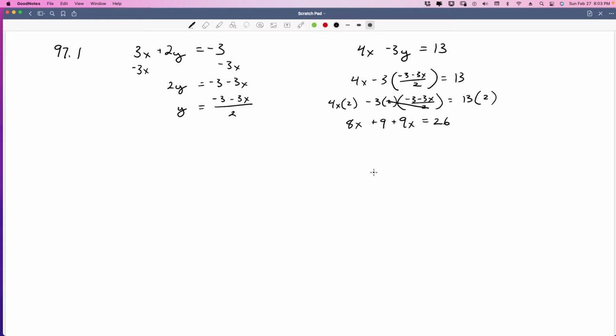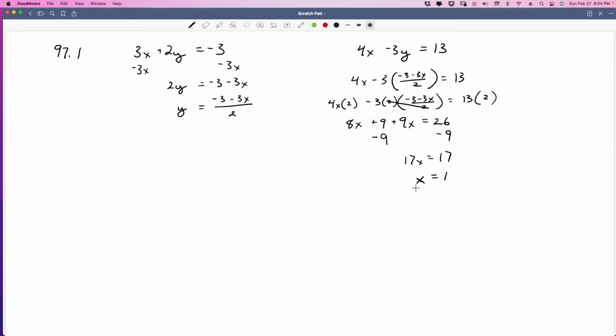Okay, so when I add these together, I'm going to subtract 9 from both sides, and I'm going to get 17x is equal to 17. x is going to be equal to 1. So there's my value for x.